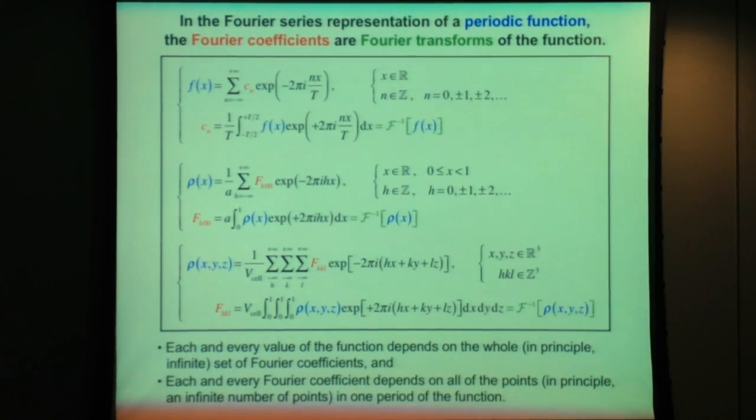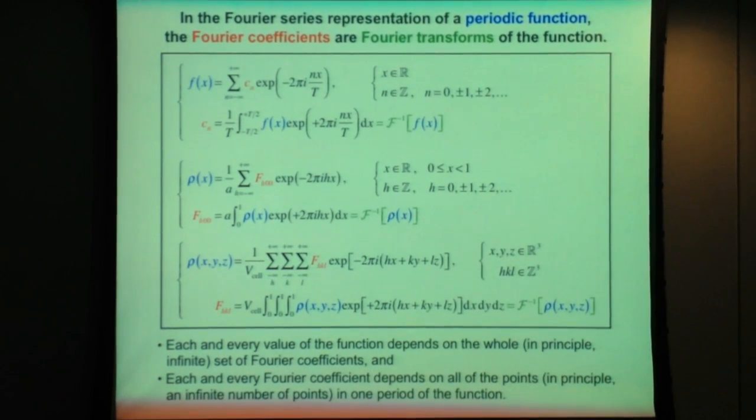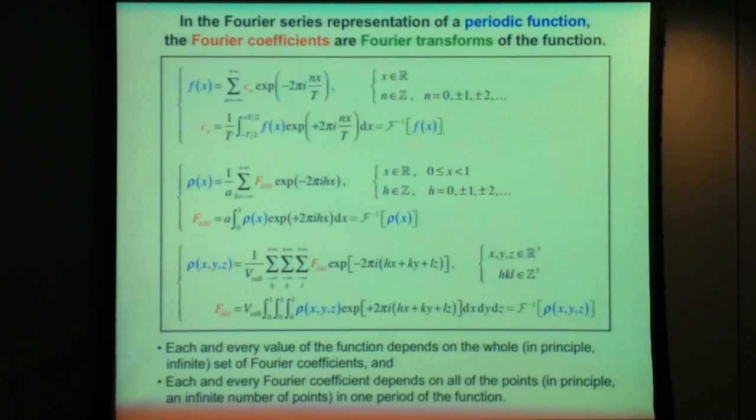Okay, so a point to be made about all of what we've just seen about the development of Fourier series. If we're considering now back again the infinite series representation of a periodic function, here in blue, this rho of x, y, z, or in one dimension rho of x, or in general f of x.